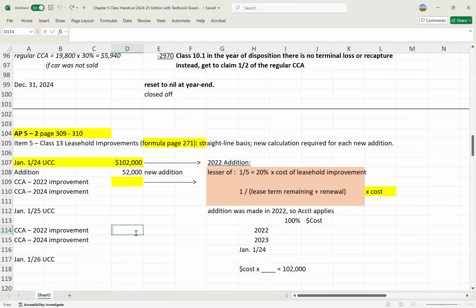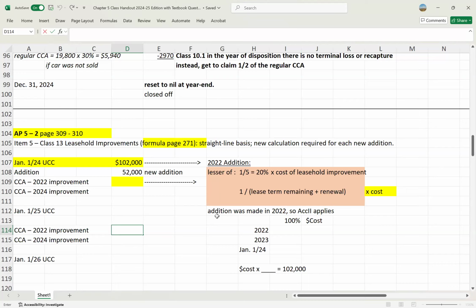They're going to last a long time because you're going to be in this office space for maybe 15, 20 years. That amount is called the leasehold improvement. For accounting purposes, you take amortization. For tax purposes, you take CCA. And the calculation is this formula here, the lesser of 1/5, which is 20%, or 1 over the lease term remaining plus 1 renewal period.